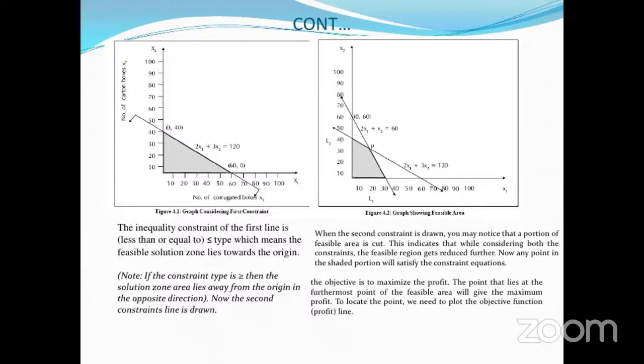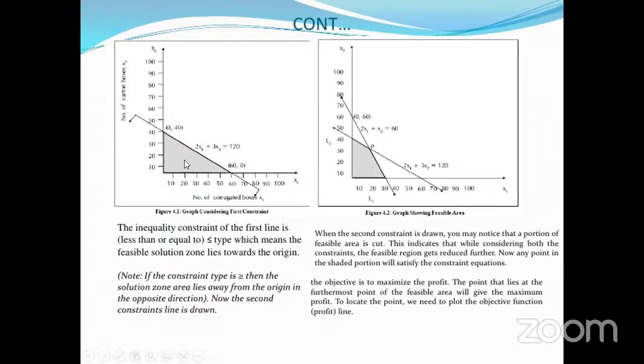Whatever we took in the first formulation question, the same question we are solving graphically. This is related to corrugated boxes; we are finding out the number of corrugated boxes. Anyhow, this is the line for the equation 2x1 plus 3x2 equals to 120.